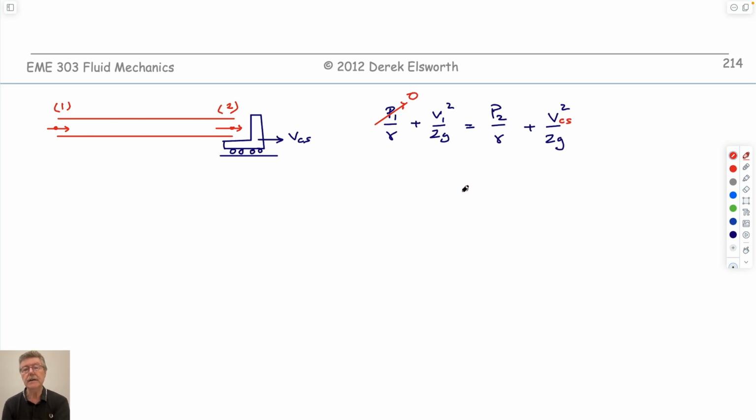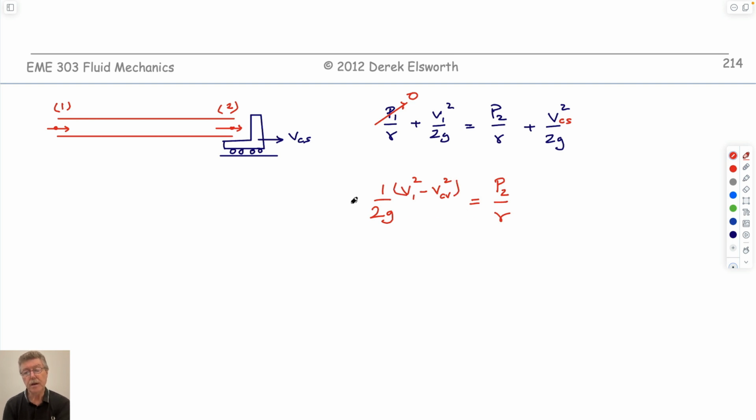And so if we do that, we can rearrange this. We'd like to be able to figure out what the pressure is that's acting. So the pressure on the sled divided by the unit weight is equal to 1 over 2g times V1 squared minus V control volume squared.